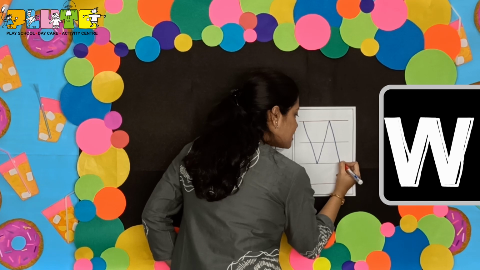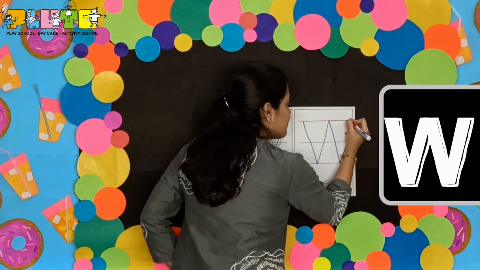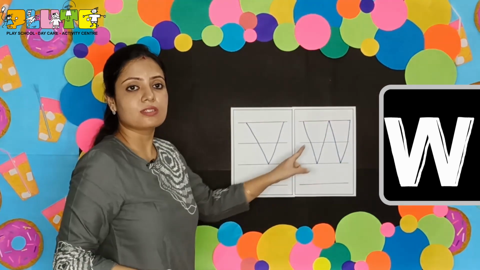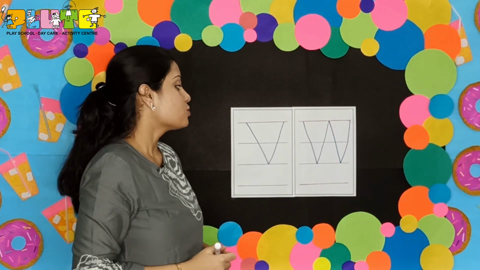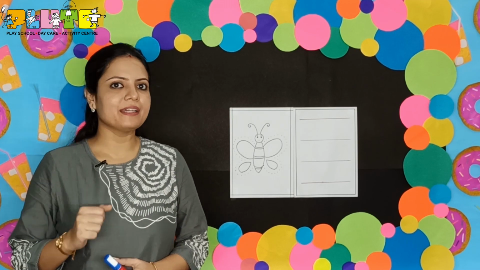And from the same point I'll draw another slanting line till the first line. So this is W. So children, using the slanting lines we have written the 4 alphabets, that are A, M, V and W.